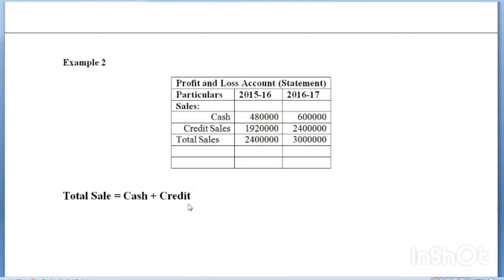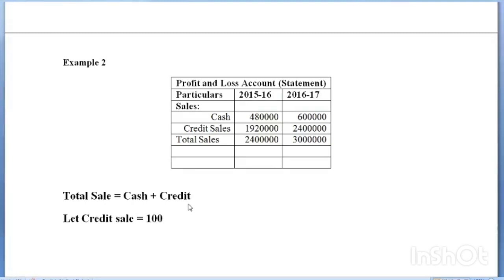And the condition is given that cash sale is 25% of credit sale, but you don't have the credit sale, you are having total sale. So let us assume credit sale is equal to 100.